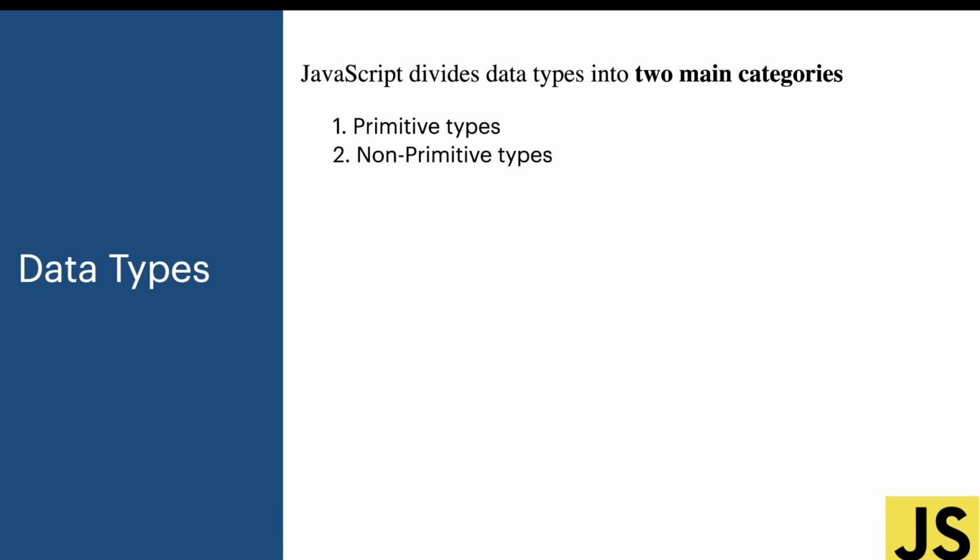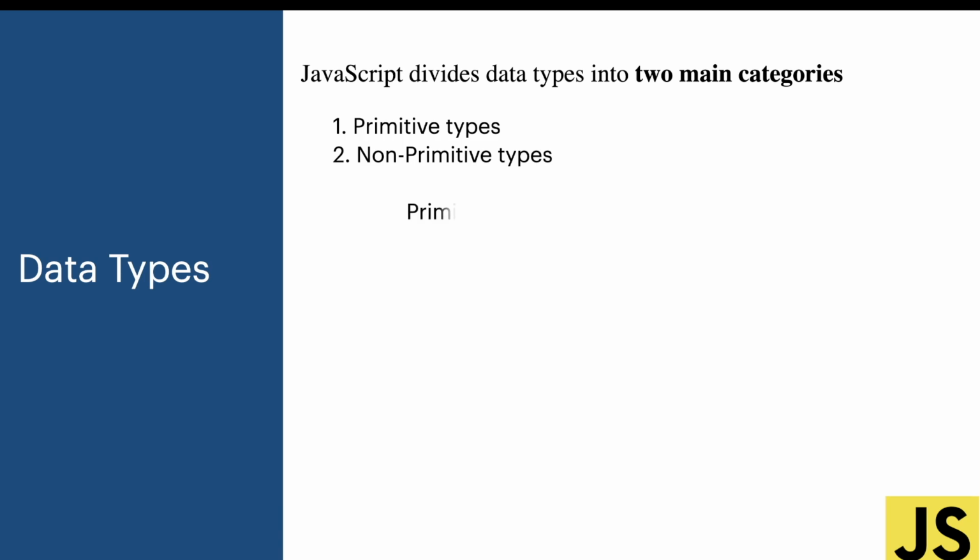These primitive types are stored directly on the stack. In JavaScript, we have what we call the stack and the heap, and these are the two areas in memory where data is stored. We will look into this in detail later, but primitive data types are stored directly on the stack.